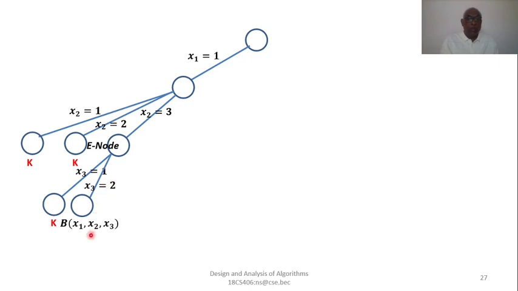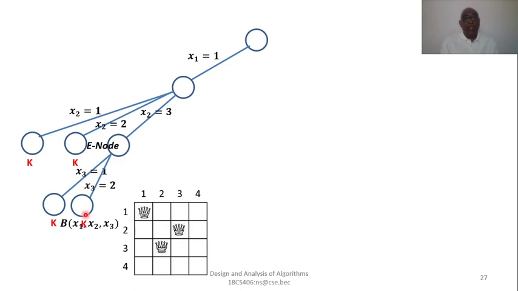But of course, we also have to check the pair x2 and x3. x2 is not equal to x3, so the column constraint is satisfied. Now let's look at the diagonal constraint. The row difference is 1 and the column difference is also 1. So the partial solution represented by this node does not satisfy the bounding function, hence this node is killed.